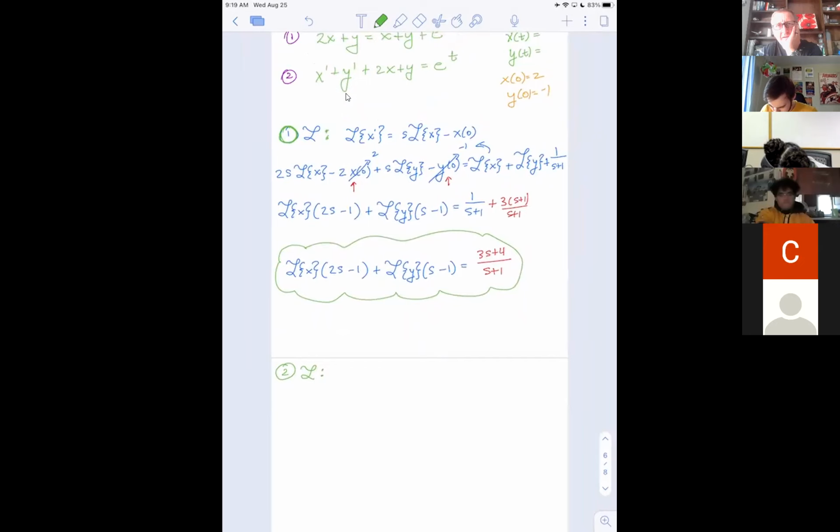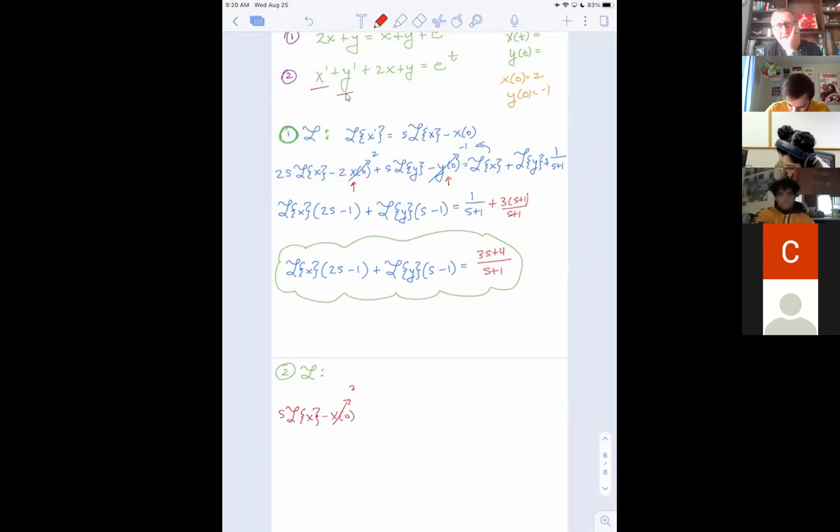So let's see, I'm just starting in order here. Laplace transform of x prime. Again, I'm happy there's no coefficient in front of that. So that would be s times the Laplace transform of just x minus x of 0, which again, we said was 2.